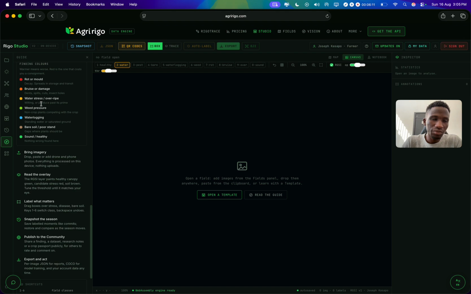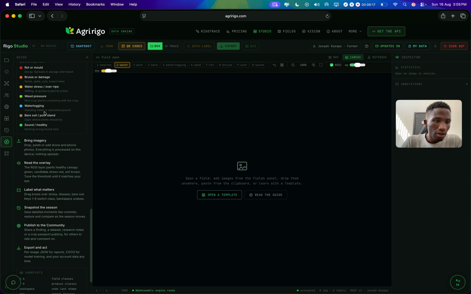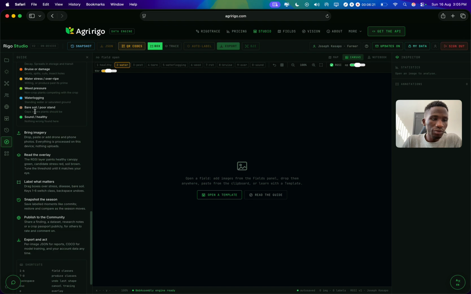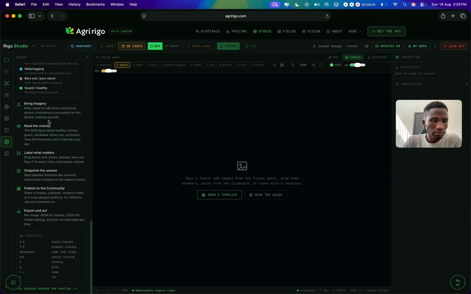Water stress level would be yellowish or overripe. Green or light green would be weed pressure. Blue would be waterlogging, and brown would be bare soil or poor stand, and it will be specified within the processing. Another green or lighter green would be sound or healthy.